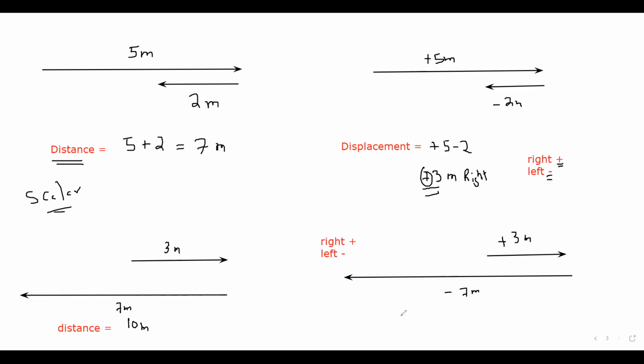The displacement is plus 3 minus 7, that is equal to minus 4 meters. And what does the negative sign represent? A negative answer means left according to our first direction. So it is minus 4 meters towards left hand side.